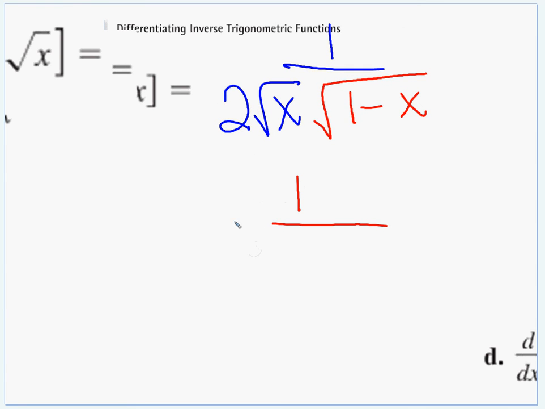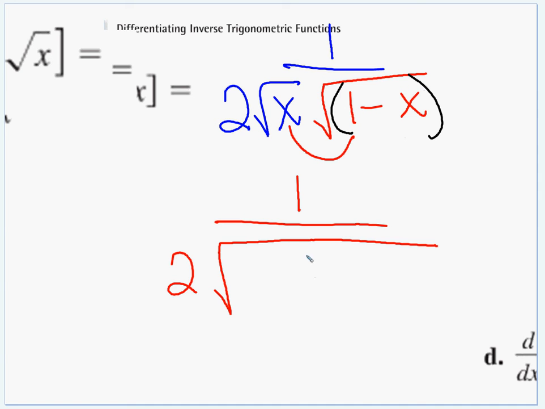So this is going to be 1 over. The 2 is going to stay outside. But when this other x jumps under here, it's going to be under one big radical. Now remember, radicals are grouping symbols. So this 1 minus x is a group. And then when we put it all under one big radical, that other x is just going to appear out here. So you could leave it like that.